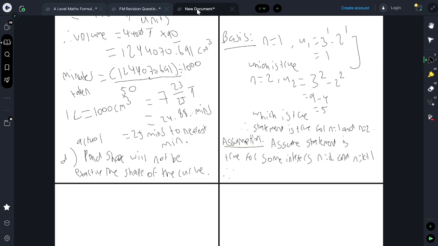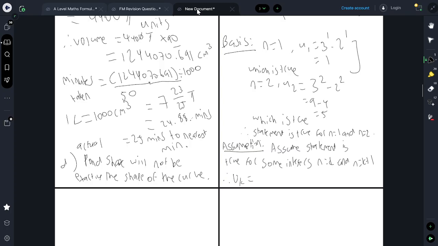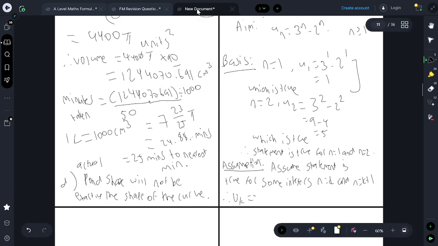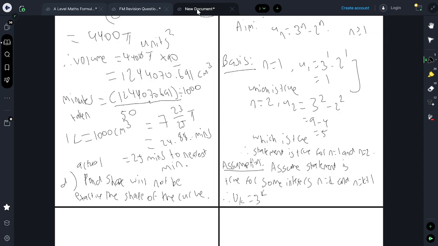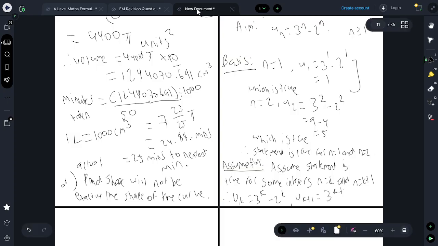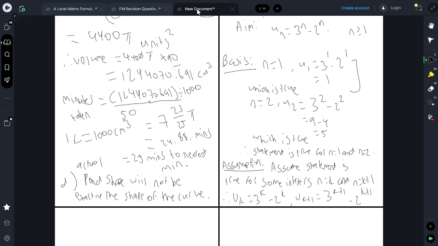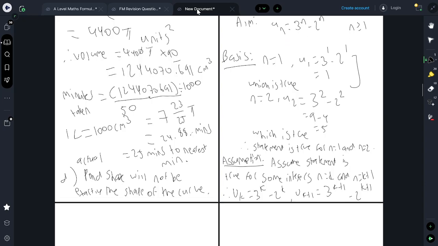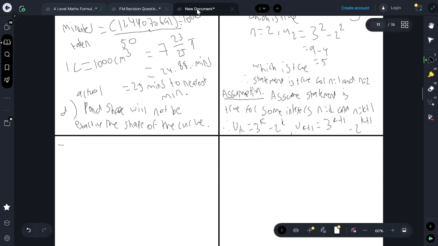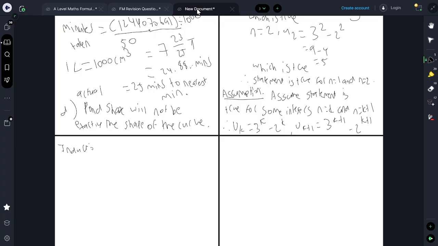Therefore Uk would be 3 to the k minus 2 to the k, and likewise U(k+1) would be 3 to the k plus 1 minus 2 to the k plus 1. Just using our aim here, because we want to assume this is true, so we use this formula. Now for the induction, this is why we needed these pairs of values.